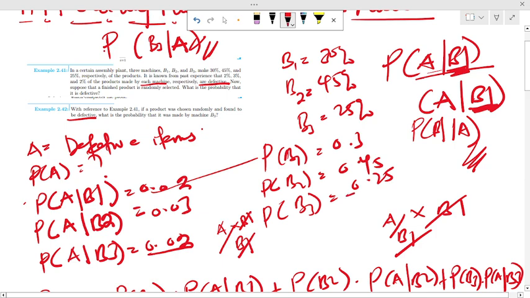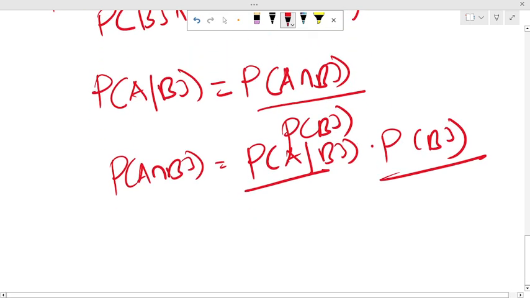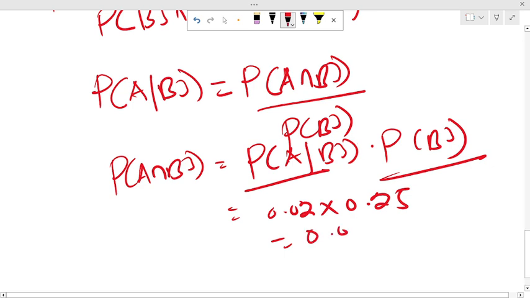0.02 and 0.25, right? So 0.02 times 0.25 is going to give us 0.005 for the probability of A intersection B3, right?